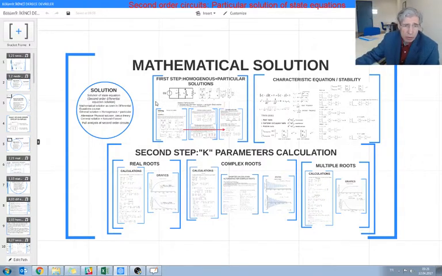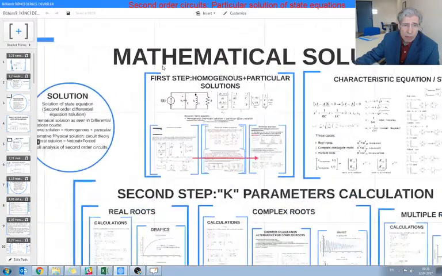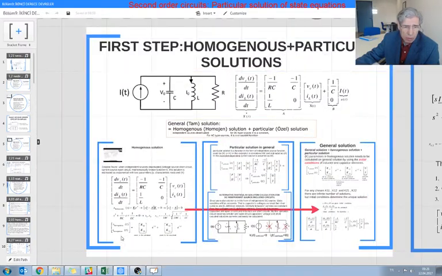One of them, the homogeneous solution, which we have examined already. Now we will be examining the particular solution. Once we found the particular solution, we're going to add it to the homogeneous solution to get the general solution. So this video is related with this frame now.